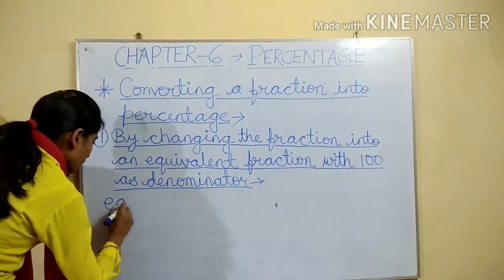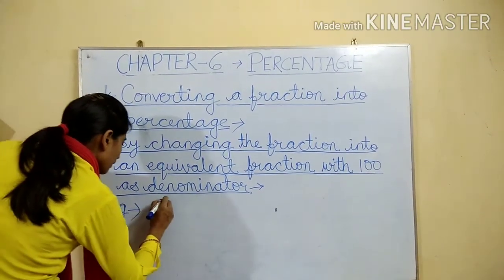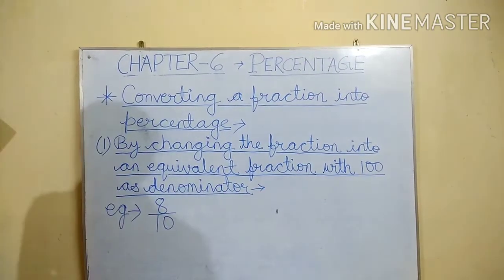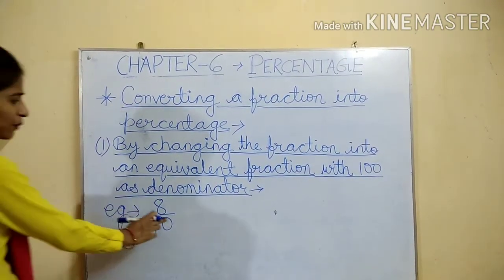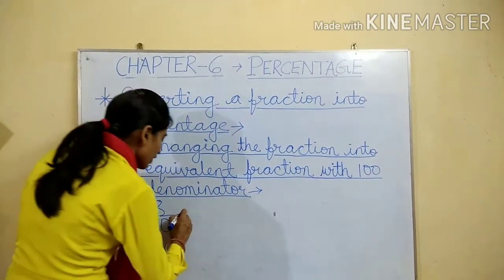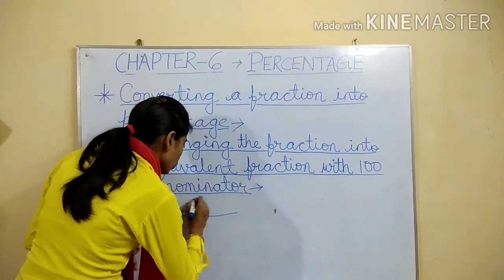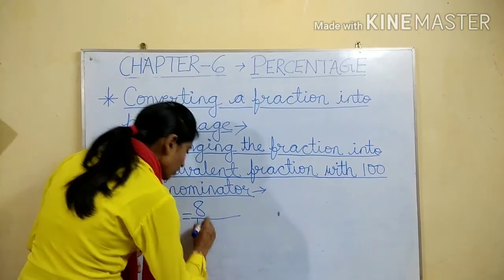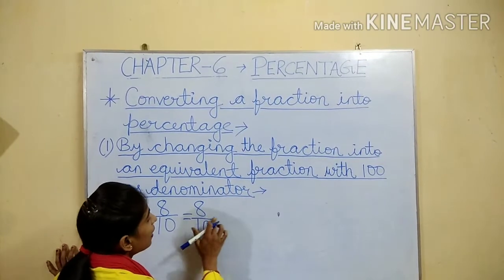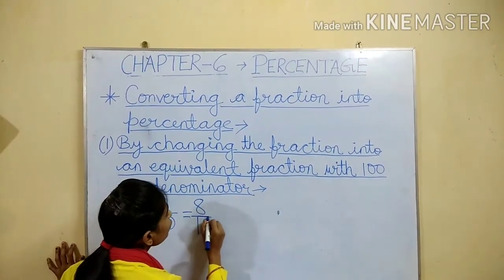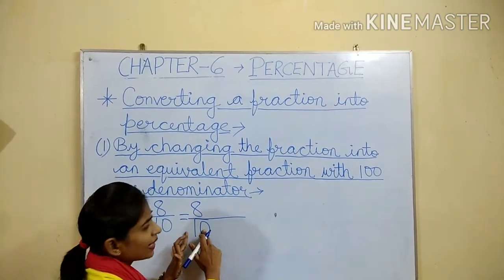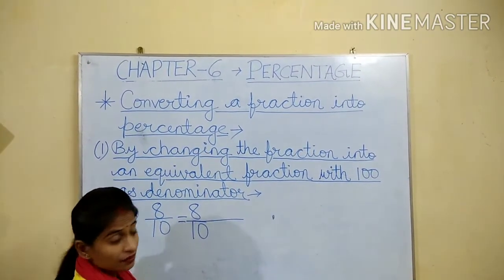Look at this example. 8 by 10. One fraction is given. Now we have to convert this fraction into percentage. So what will we do? First we will find an equivalent fraction with denominator 100. So students, you just think what we will multiply 10 by to get 100.